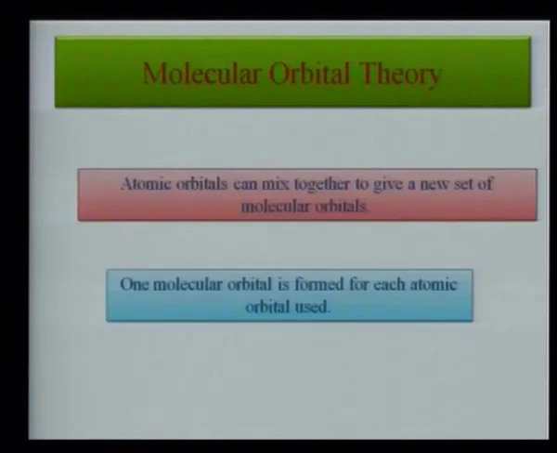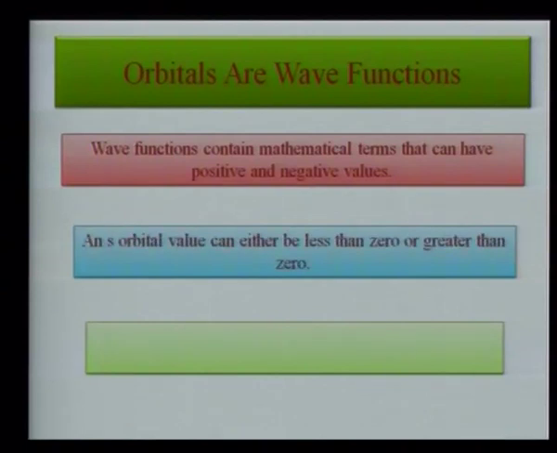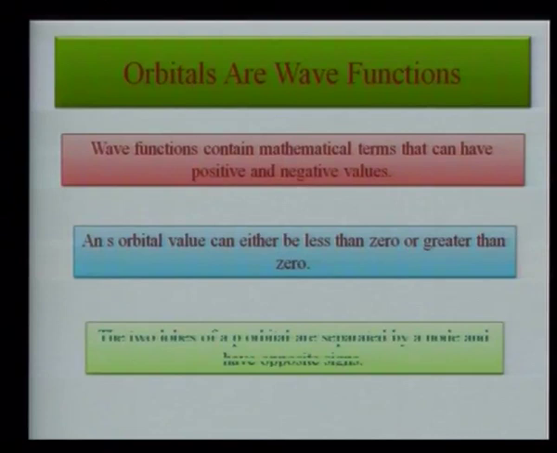Atomic orbitals can mix together to give new sets of molecular orbitals. One molecular orbital is formed for each atomic orbital used. Orbitals are wave functions. Wave functions contain mathematical terms that can have positive and negative values. An s orbital value can be either less than 0 or greater than 0. The 2 lobes of p orbitals are separated by a node and have opposite sign.